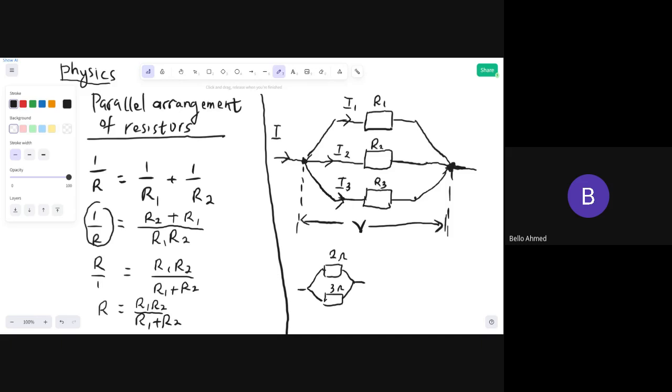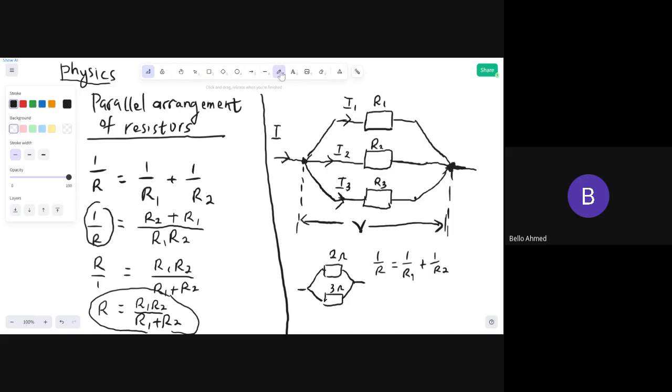So what you're going to do, you don't need to say 1 over R is equal to 1 over R1 plus 1 over R2. Because there are two resistors in parallel, I'm going to make use of the left-hand side equation. I'm not going to disturb myself doing 1 over R1.